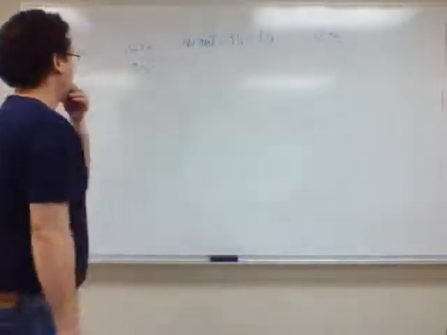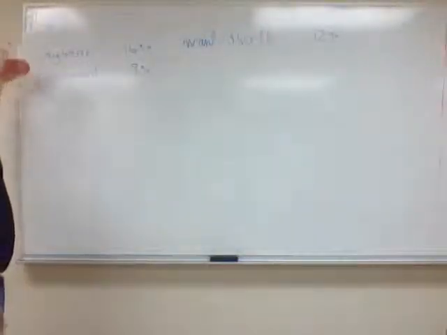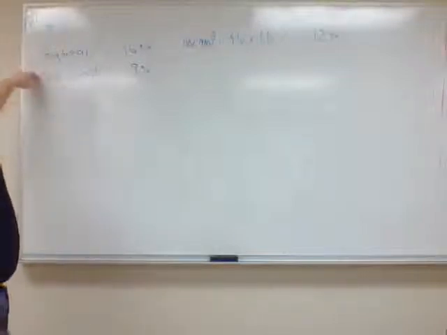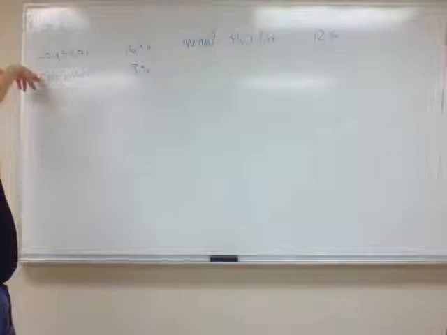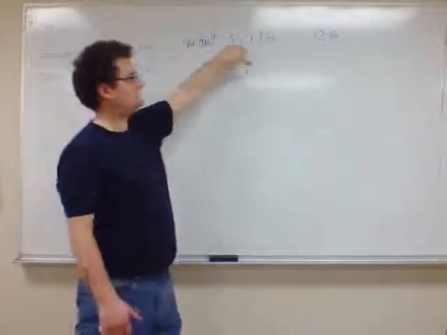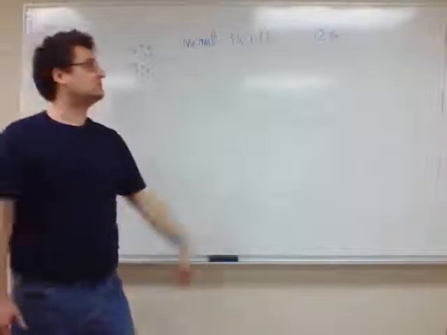So how are you going to find how many pounds of soybean and how many pounds of cornmeal you should have to get 350 pounds of mixture which has 12% of protein?